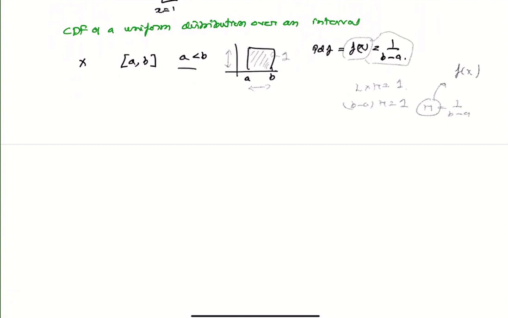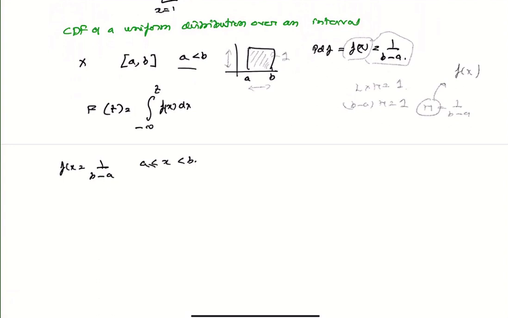Okay, so then what is going to be F of t? F of t, and t is any value between a and b, is going to be the integral from negative infinity to t of f of x dx. But we know that f of x is equal to 1 upon b minus a, where x is more than a and less than b.